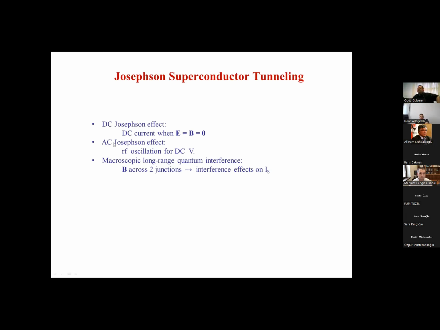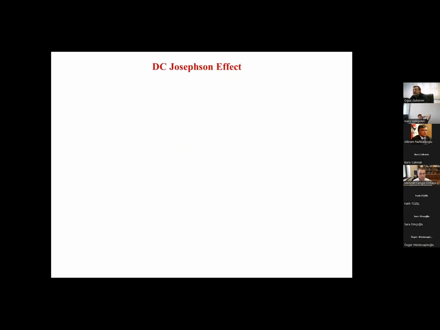So we can have the DC or the AC, then macroscopic long-range quantum interference. Since this is going to be important for these device applications, very quickly, let me go through the DC Josephson effect first. So we have two superconductors separated by an insulator there.